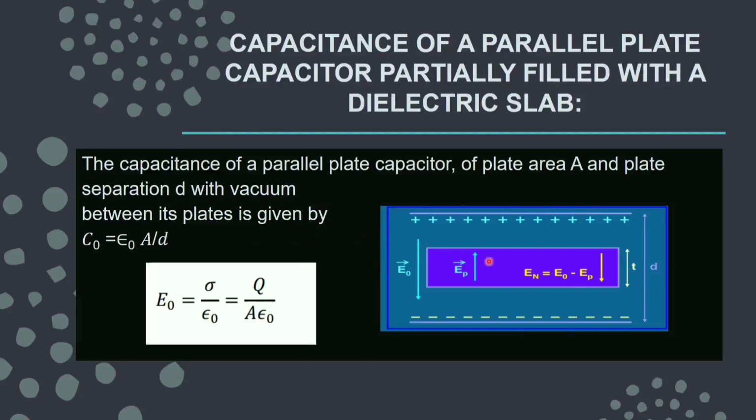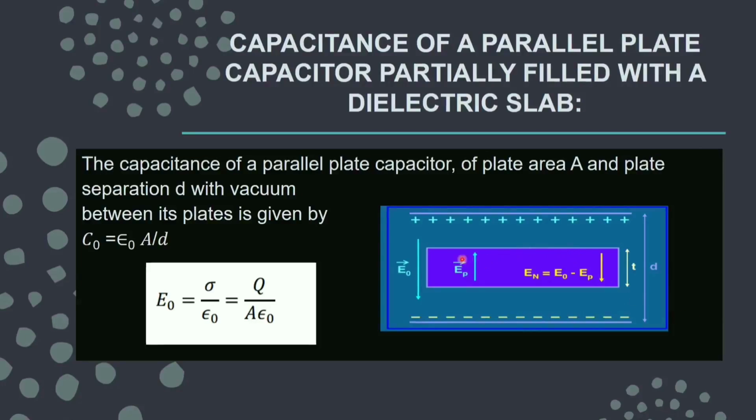This is your previous knowledge, which we have just revised, and this formula for the capacitance we have also derived, C equals epsilon naught A upon D. In place of C I am writing C naught, just to say that the medium here is vacuum. So now if I am introducing the dielectric slab, what is going to happen?